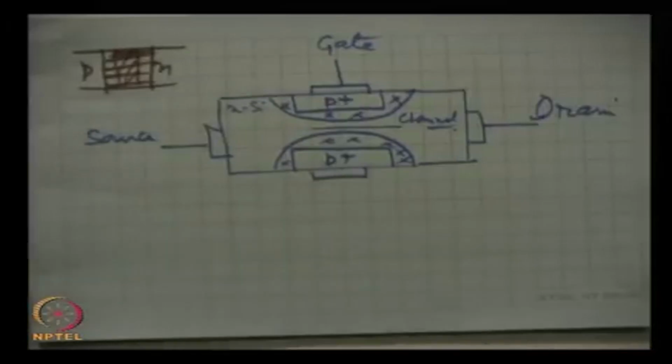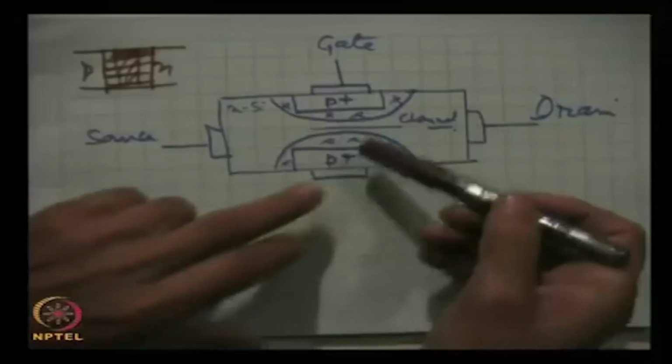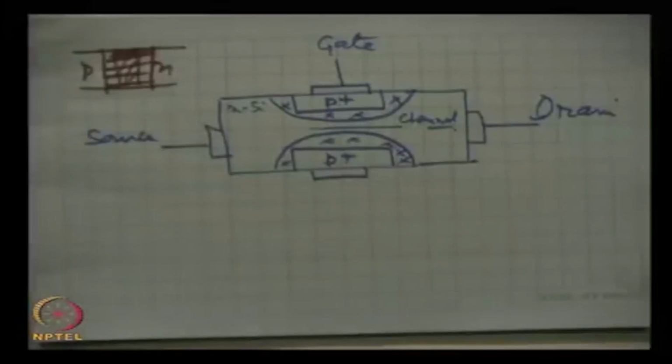Now, here the depletion width can be changed in two ways. Both ways, of course, we are reverse biasing the p-n junction. So, there is a widening of the depletion region, and there are two gates, so the widening will be from both sides. Now, what are the two ways?